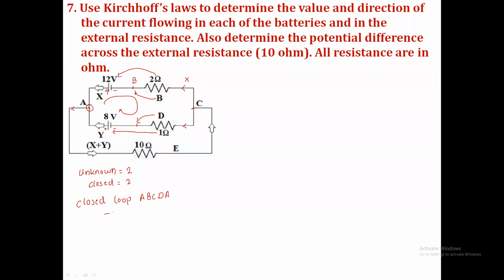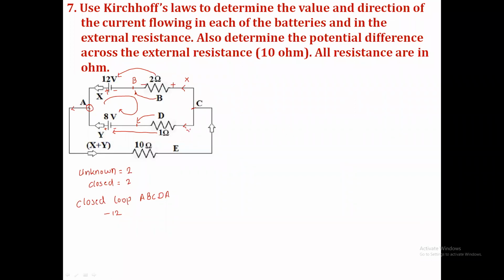The 12-volt battery voltage is already given, we call it 12. Then when we move forward from B to C, there is one more resistance, but I think one step is missing here. We have not decided the polarity of the resistors. As you know, current X enters the 2 ohm resistor at this end, so this is positive and this one is negative.